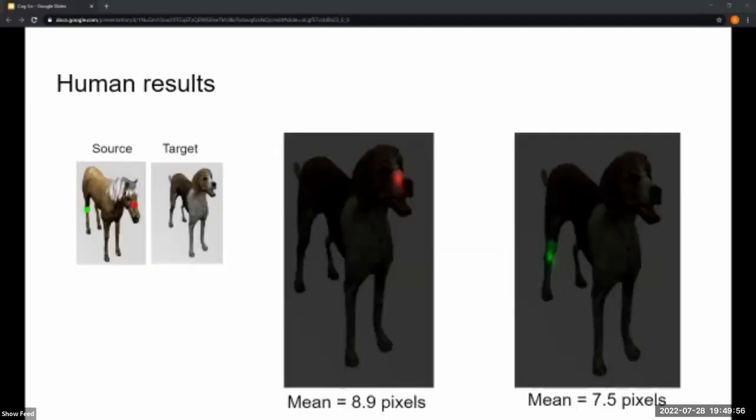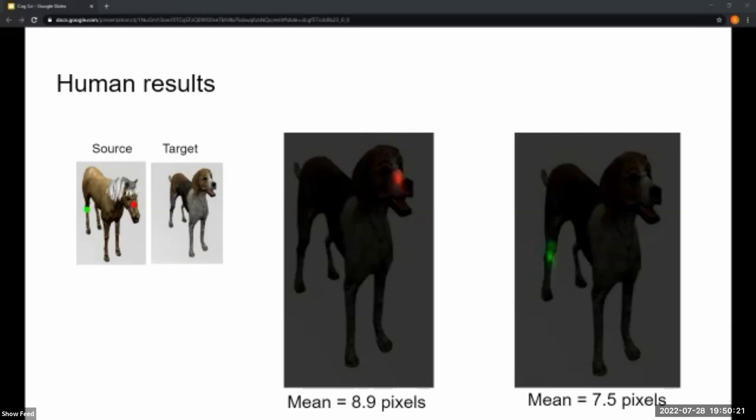And here are some real results we collected in our experiment, where we have the source image, a horse, and we have the target image. I plotted this heat map from the participants, and the two heat maps correspond to the two markers. As you can see, participants very consistently put markers around the head of the dog, and here around the leg of the dog.